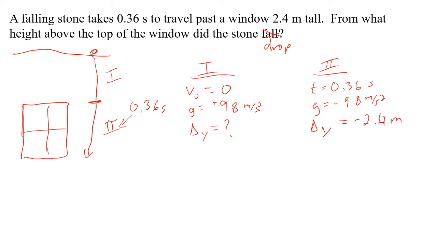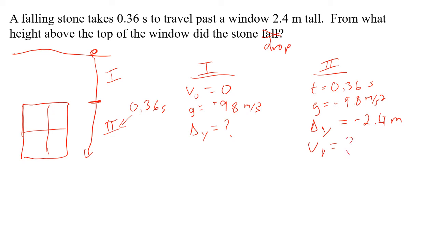So what from part 2 would be useful to us in part 1? Not quite. Initial velocity for part 2 is the final velocity for part 1. Does that make sense to everybody? So if we find VO here, that'll be VF on the other side.